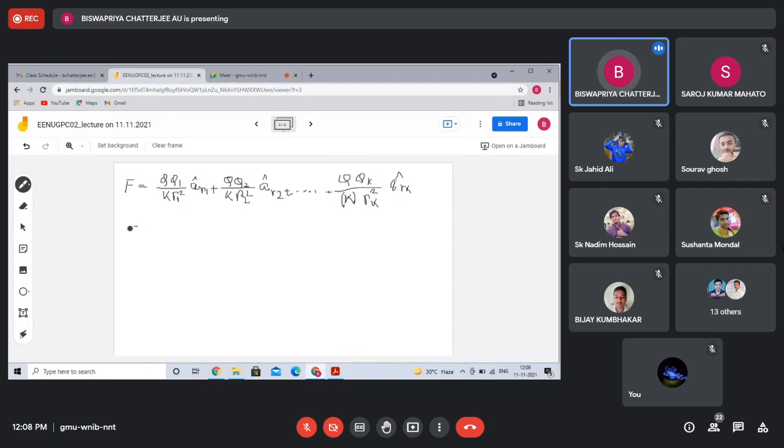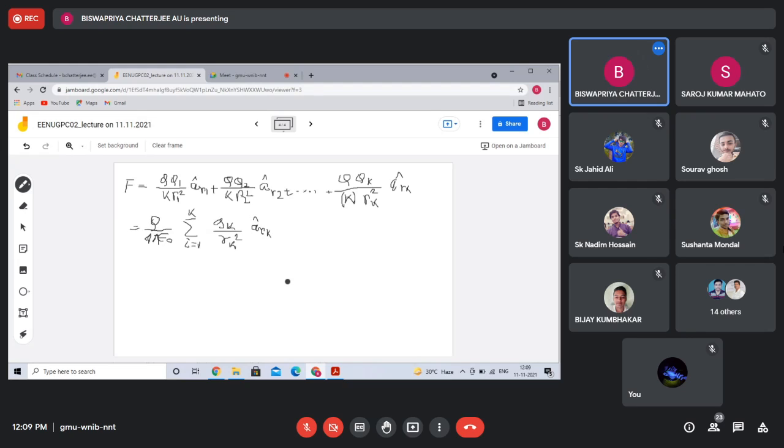Now you see q and k are common everywhere. If you take q common, and k is 1 by 4 pi epsilon naught, then the expression will become a summation from i equals 1 to k of qk by rk square into a rk.